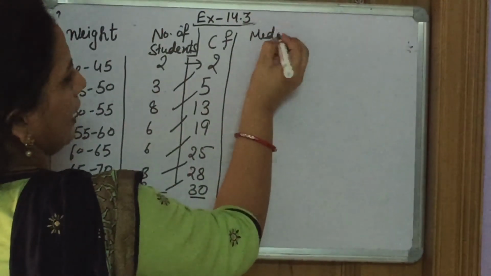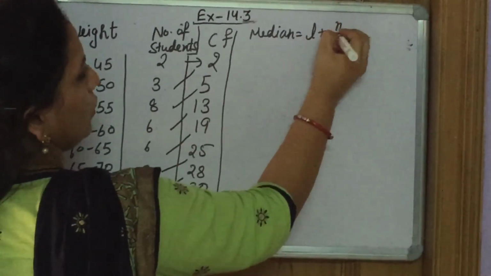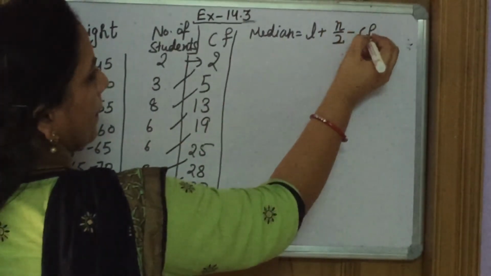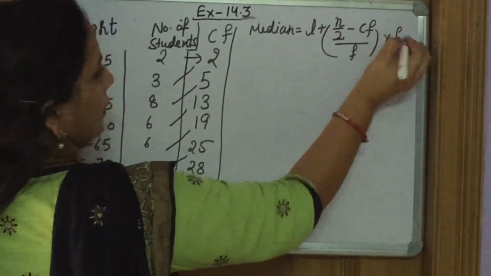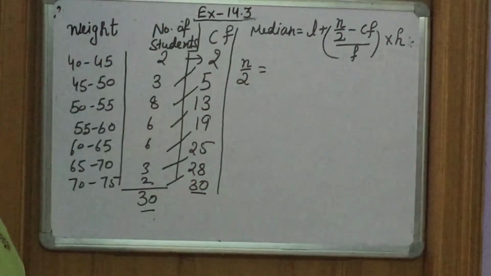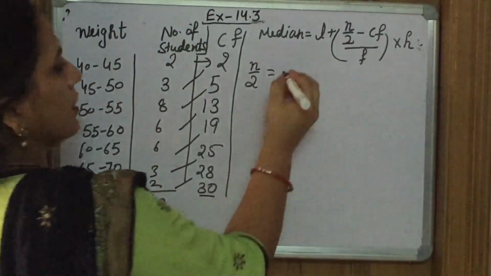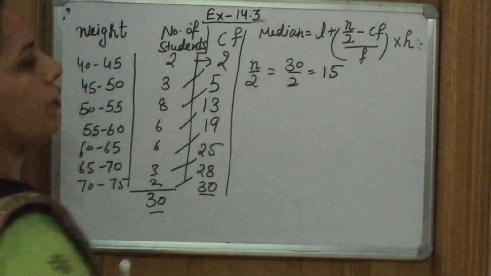Next, write down the formula of median. Now just start the formula by finding the value of n. N is 30. So 30 by 2 will be equal to 15.